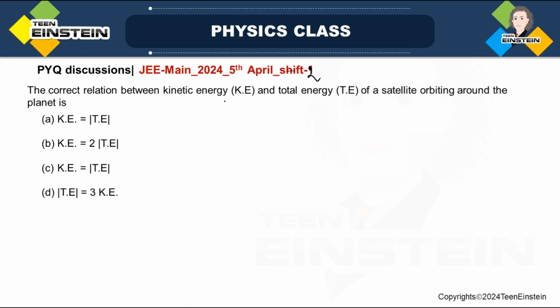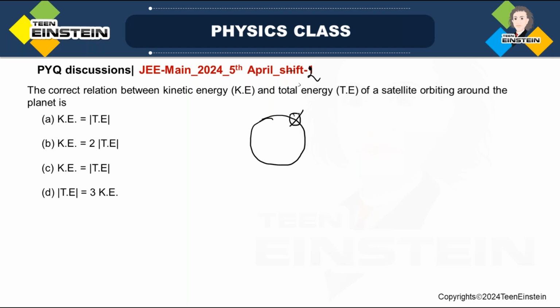The correct relation between the kinetic energy and the total energy of a satellite orbiting around the planet. Look what I get. Suppose there is a planet, and let me take a satellite here.